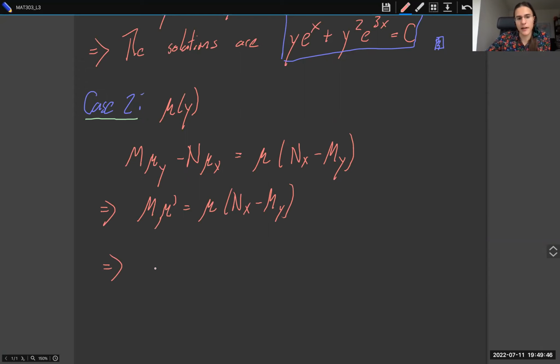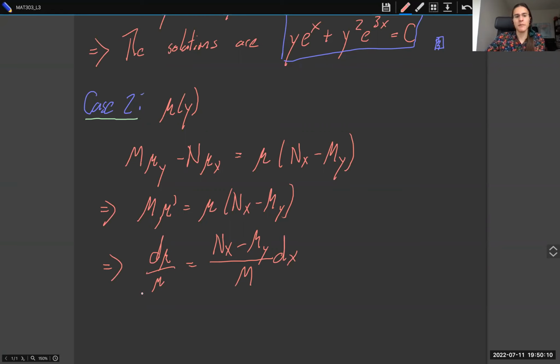Now we get the plus sign. We get that d mu over mu is equal to nx minus my. So it's still the second one minus the first one. But now we divide by m dx.